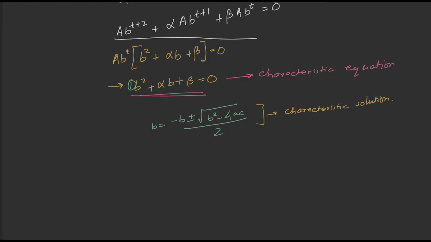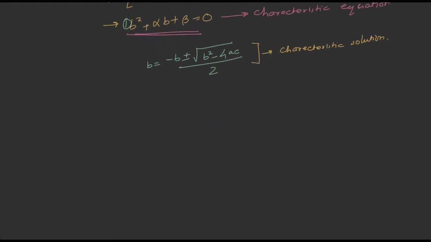After getting the value of b, we will get 3 cases to find yc. What are the cases?